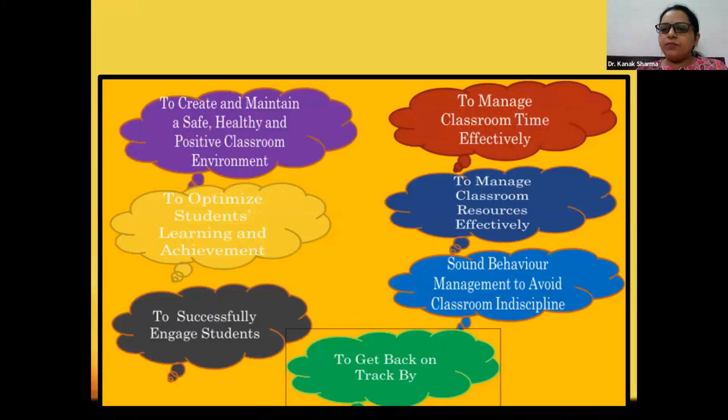So the first thing that comes to our mind is why this classroom management is required. From those pictures, you come to know that a teacher was there, but some problems were there. That's why students were not taking interest in the classroom. The teacher is there, but they are not taking interest.